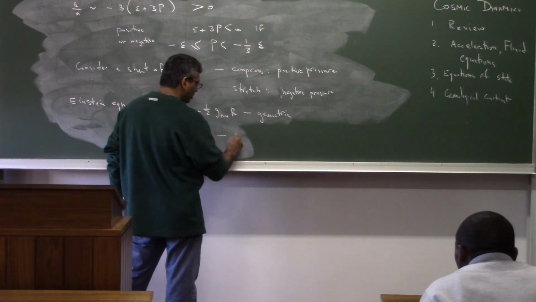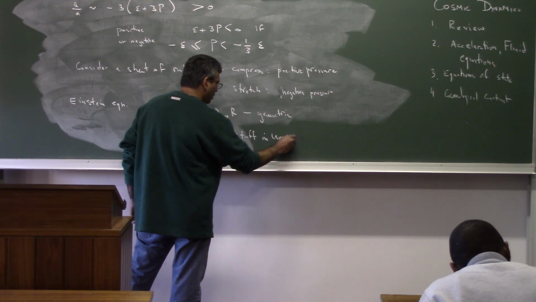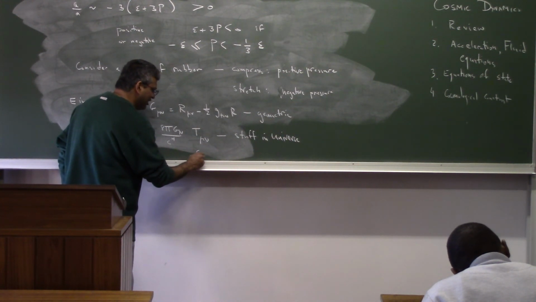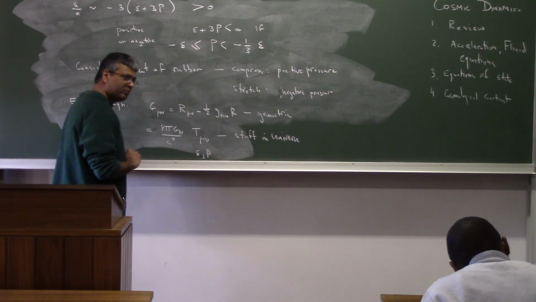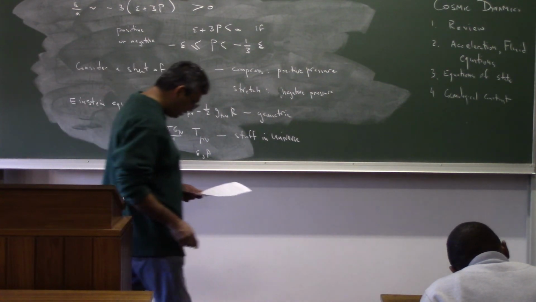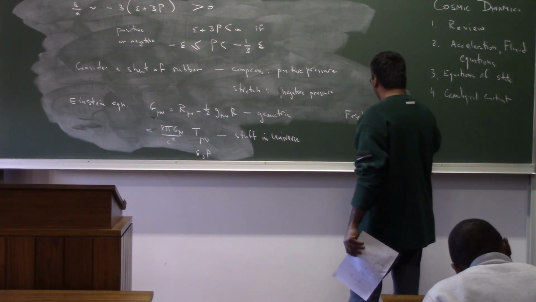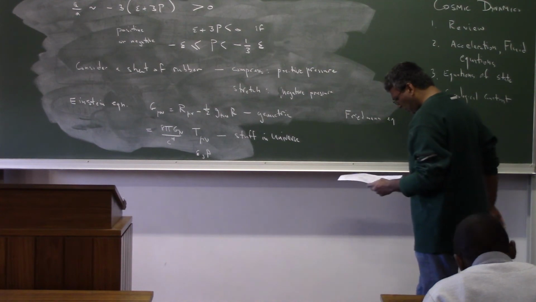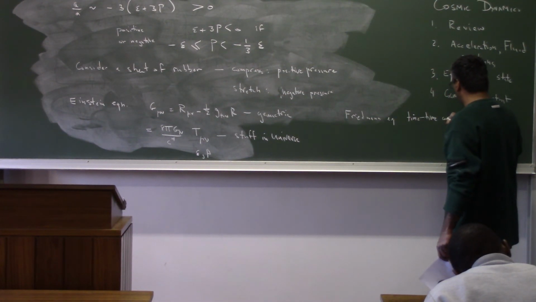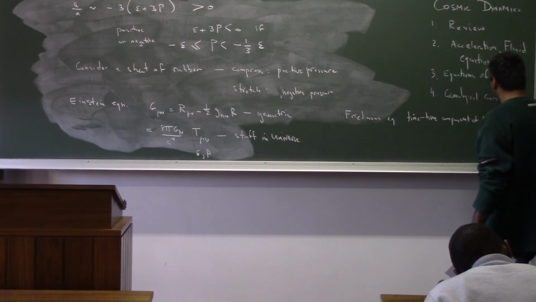And this is the stuff for the universe. So in this tensor is the energy density and the pressure. So what the Friedmann equation is, it's the time-time component of the Einstein equation.